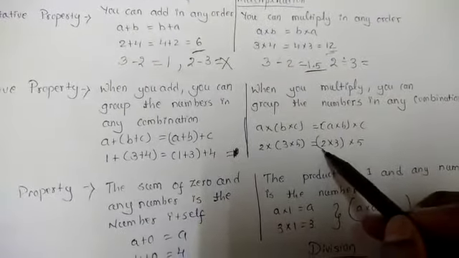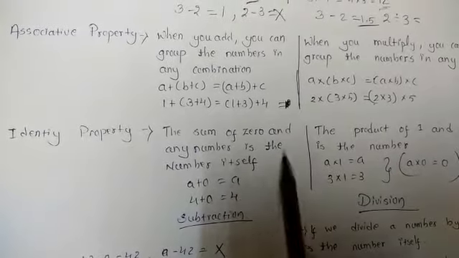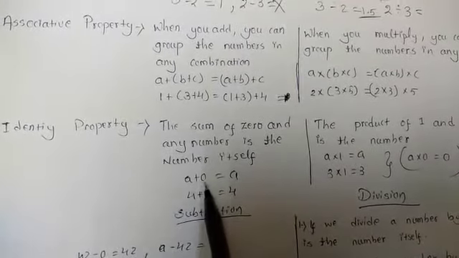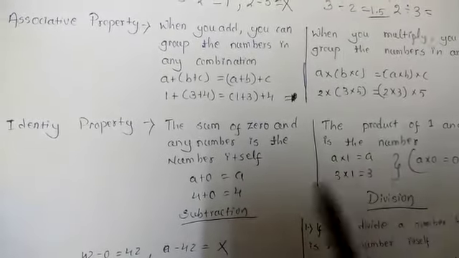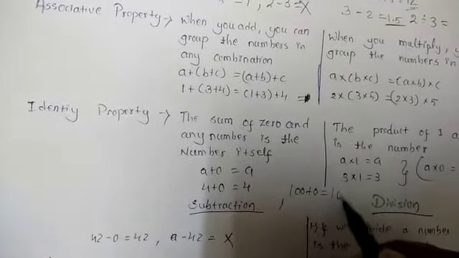See the examples. Then the identity property: the sum of 0 and any number is the number itself. A plus 0 is equal to a, 4 plus 0 is equal to 4. Suppose 100 plus 0 also is equal to 100.